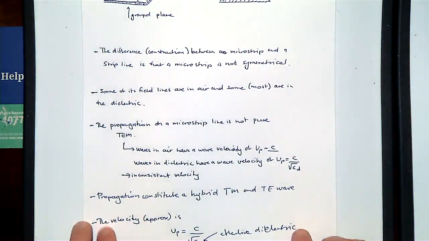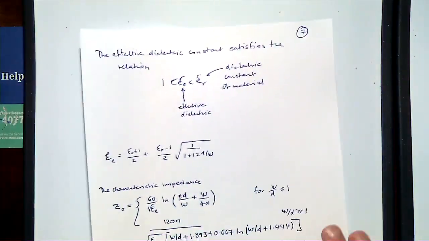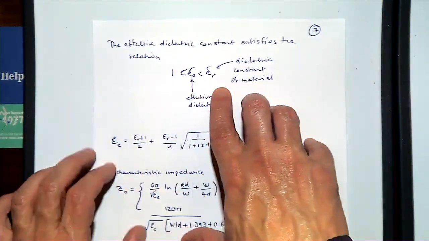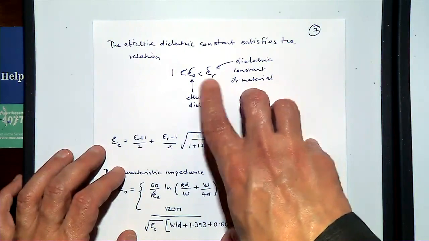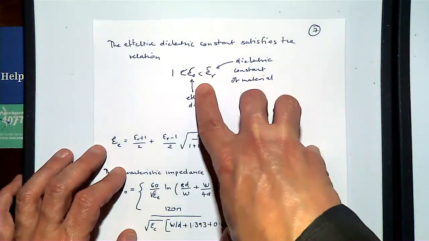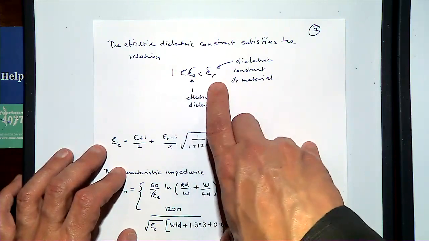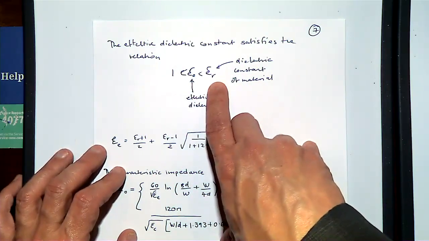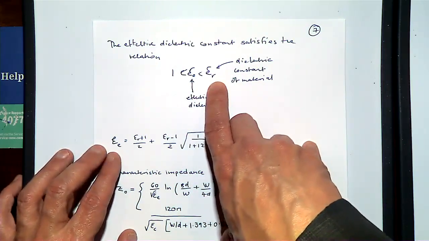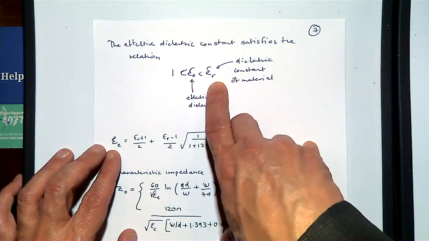And of course, based on the effective dielectric, we determine the phase velocity and the propagation constant. And what I mentioned, or what we derived in our formulae, was that the effective dielectric constant is going to lie somewhere between 1 and the dielectric constant of the material. Okay, why is that the case? Does anyone remember?